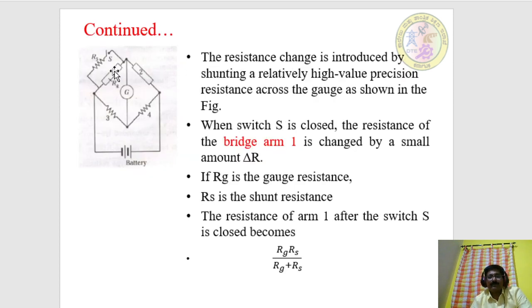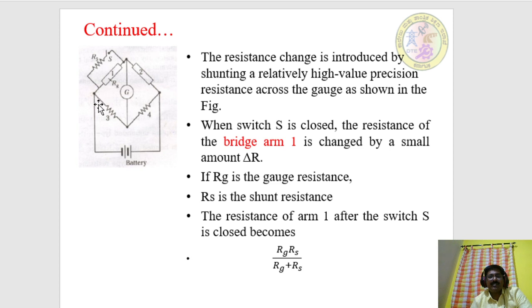See, you can observe here. The resistance change is induced by shunting a relatively high value precision resistance across the gauge. When the switch S is closed, the resistance of the bridge arm R1 is changed by delta R. If Rg is the gauge resistance, Rs is the shunt resistance, and this is the switch, right?